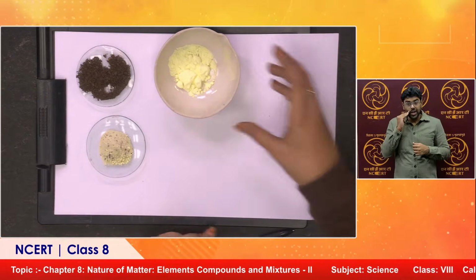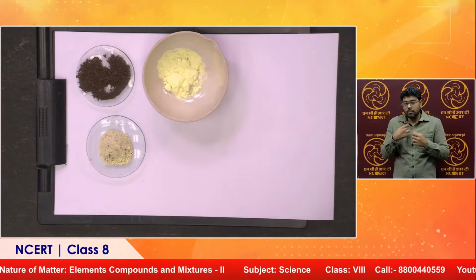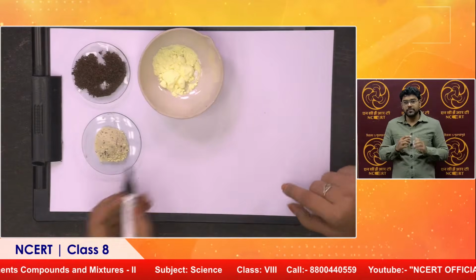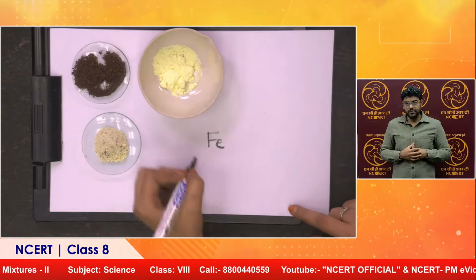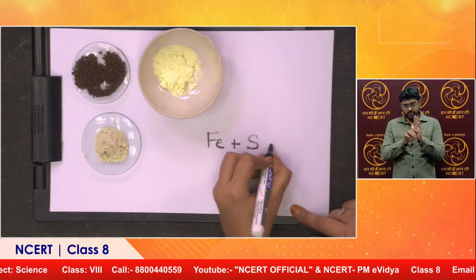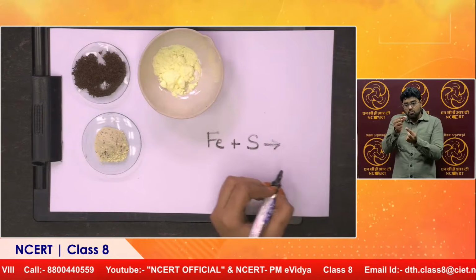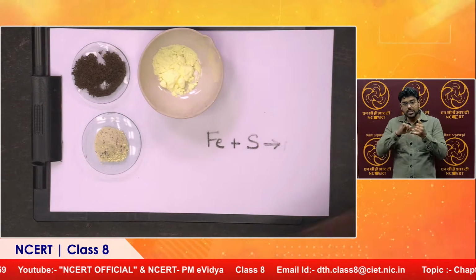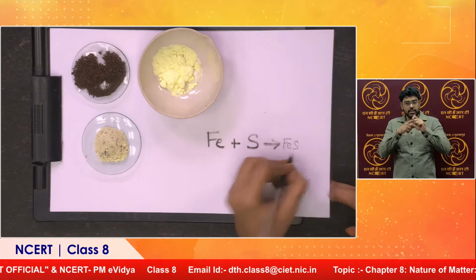When a compound is formed, we need to heat it. I'll write down the equations so that it's clear what exactly is happening when a compound formation is taking place. We have iron here, and we have sulfur. These two react when we heat them. On reaction, it forms iron sulfide, FeS.